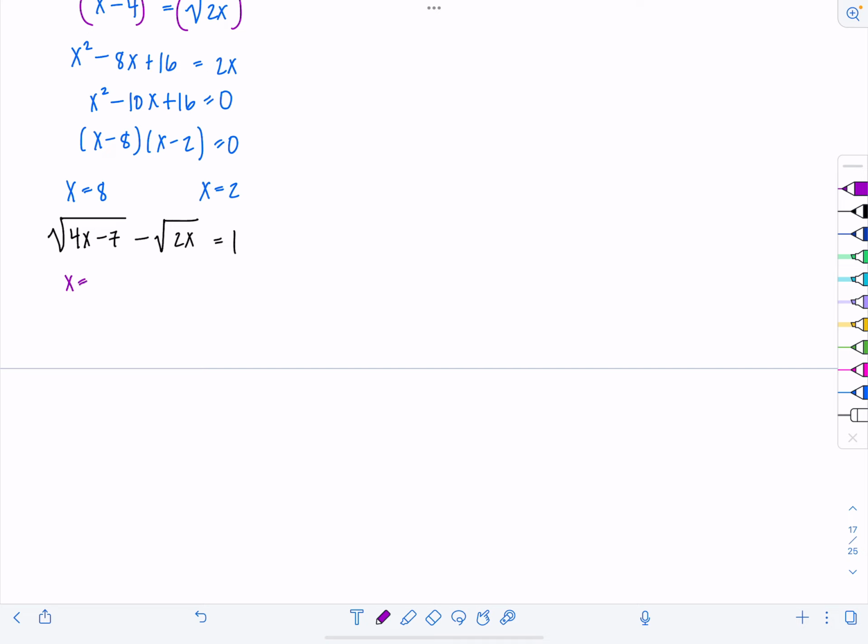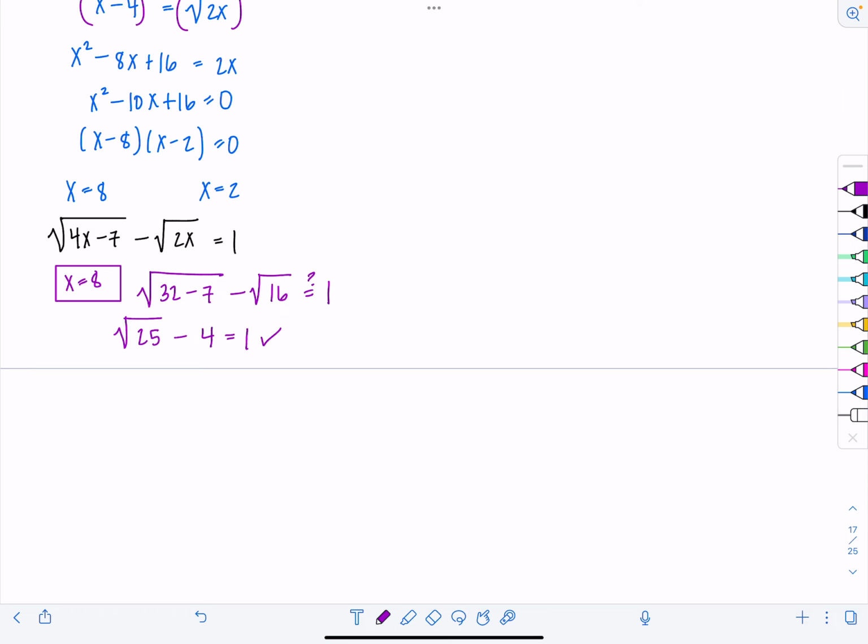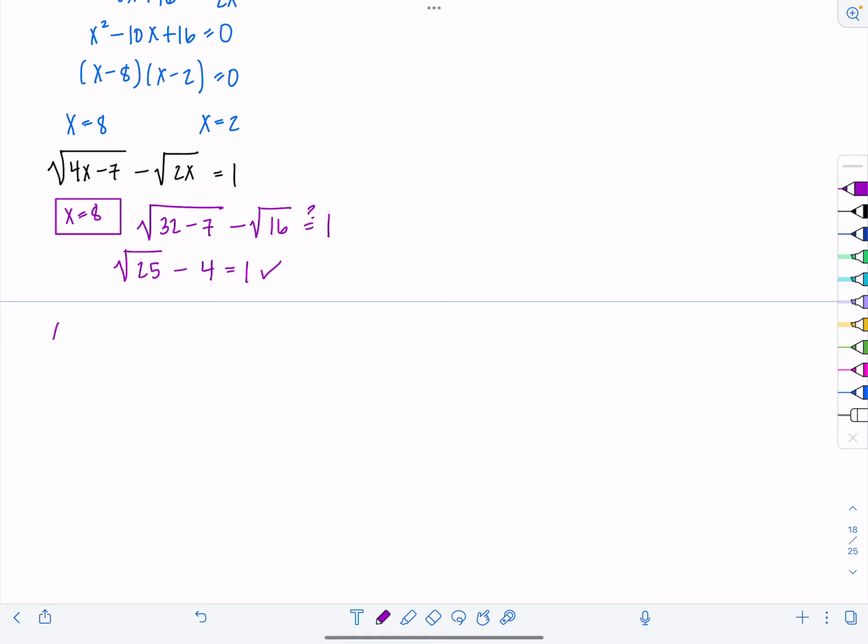Let's check x = 8. So does √(4 times 8), that's 32, minus 7, minus √(2 times 8), 16, does that equal 1? So square root of 25 minus 4 equals 1. Yes, it does. Cool. Now let's check x = 2.